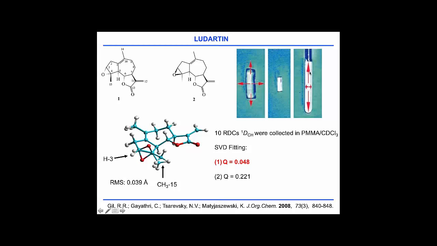So we used the traditional method, the method that Burkhard-Louis originally proposed. With PMMA, we collected 10 RDCs, then we generated the structures and fed in the RDCs, and in one shot we determined that it was the alpha. The Q factor was 0.048 versus 0.22. Imagine, 10 years ago, when I did my PhD, that was science fiction. Now, in one shot we can determine the configuration of problematic structures.